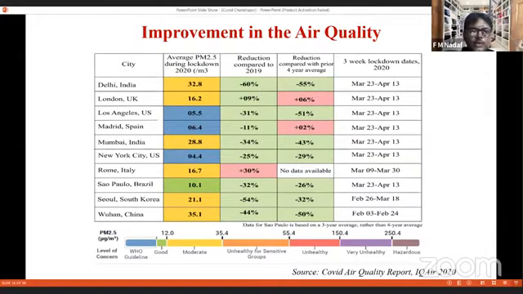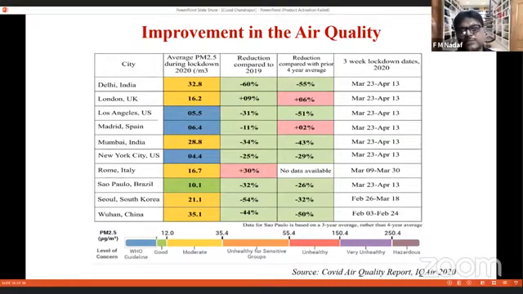So you imagine, the government of Delhi and the central government have been spending so much time, energy and money to bring back the air quality with odd and even and so many things. We are unable to bring improvement in the air quality. But lockdowns have done wonders.